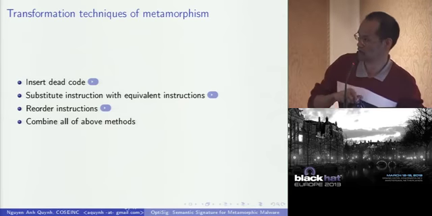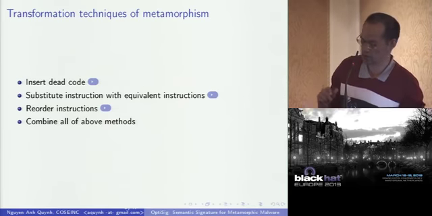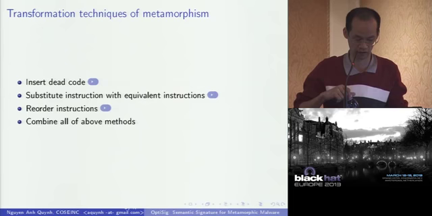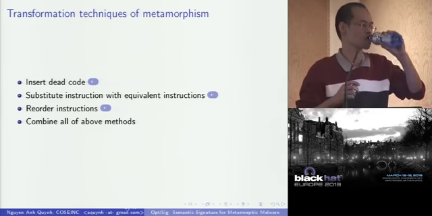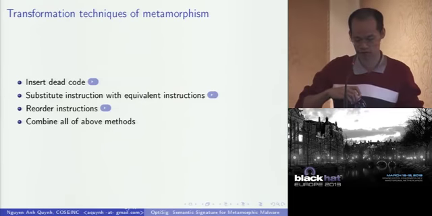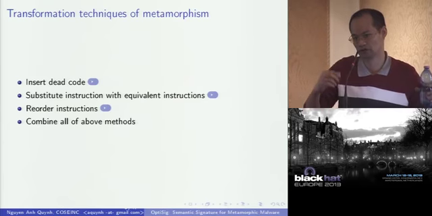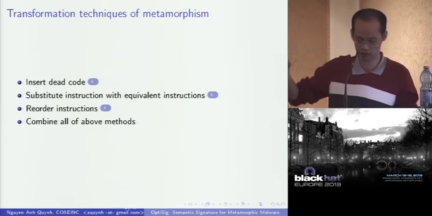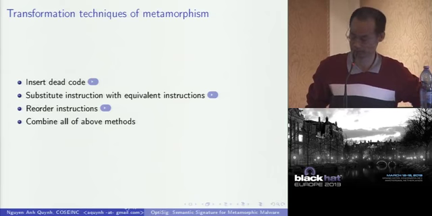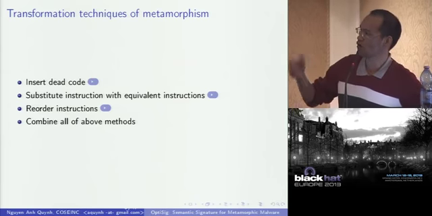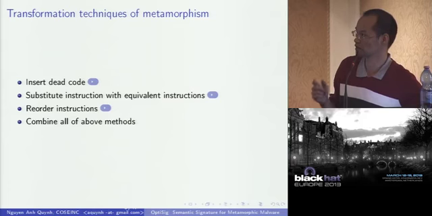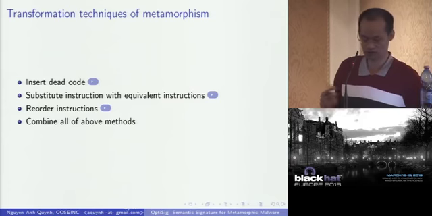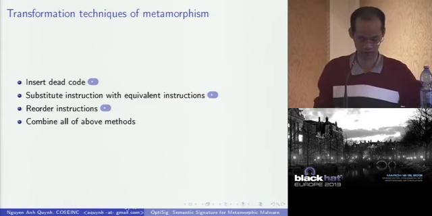Here's how metamorphic malware can defeat syntactic signatures. Metamorphic malware uses many different techniques, but I will introduce just the most popular ones. They use 4 transformation techniques to infect your file.